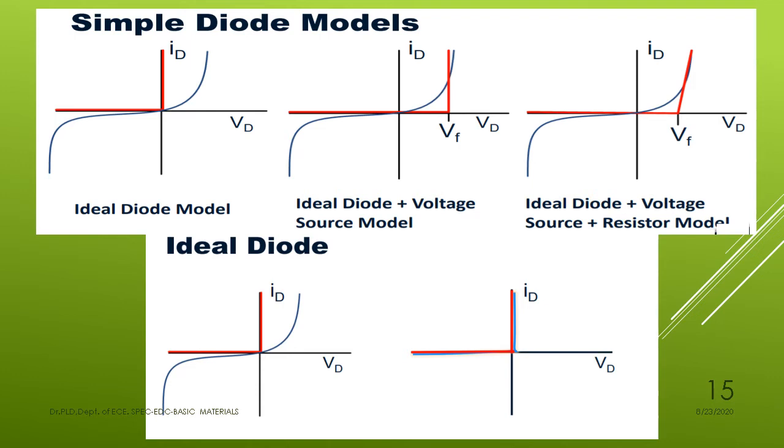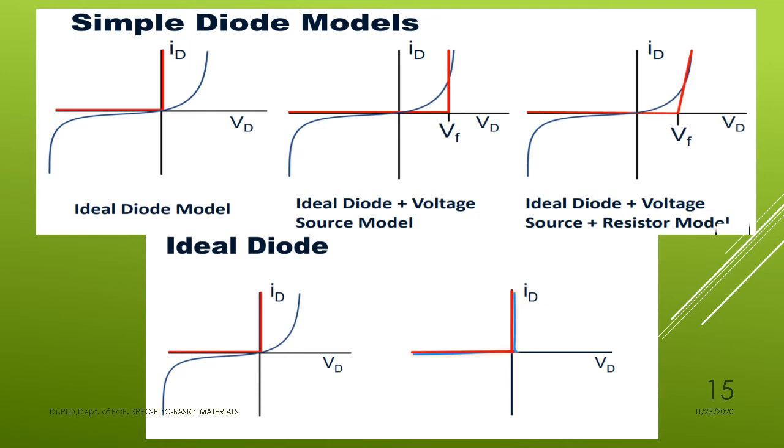If the diode is connected in series with the series limiting resistor, then the characteristics lead to this: the red line indicates the ideal diode plus voltage source plus resistor model only. But the practical case, the blue curve indicates the practical case.